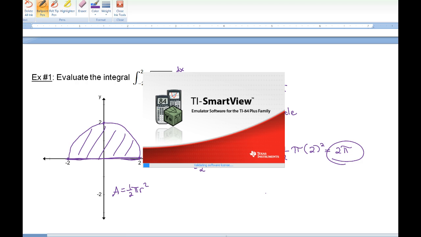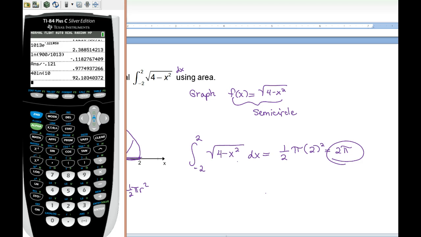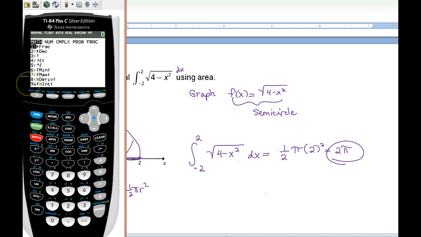So if you have your calculators, the directions for this are on the previous page. Do you remember how to do the derivative? It was math and then the number 8. This is going to be math and then the number 9. You see here?